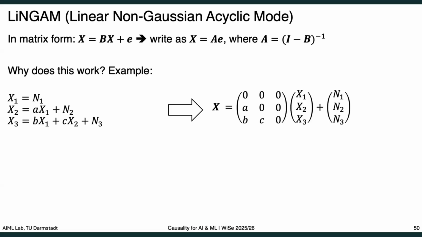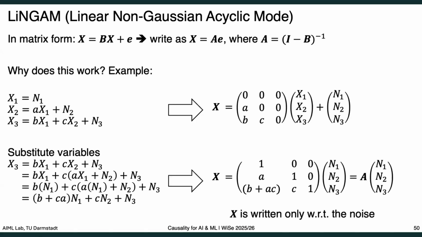This can be written in matrix form, where we have the coefficients in the matrix. Then by substituting the variables with their parents, or their ancestors in general, we can substitute x1 into x2, right? And then x2 is a n1 plus n2. Do the same for x3 or any other variables for that matter.